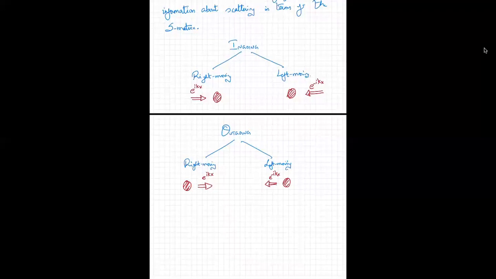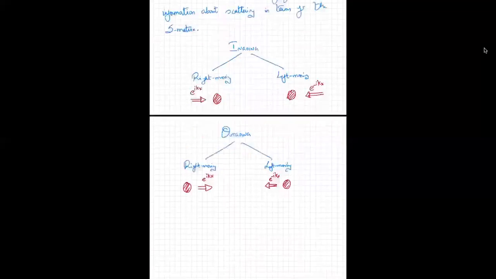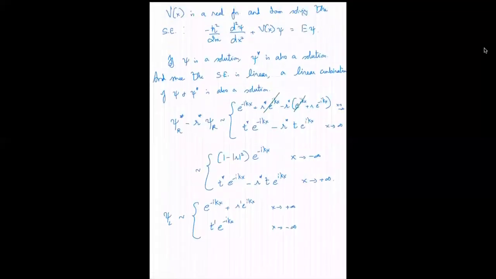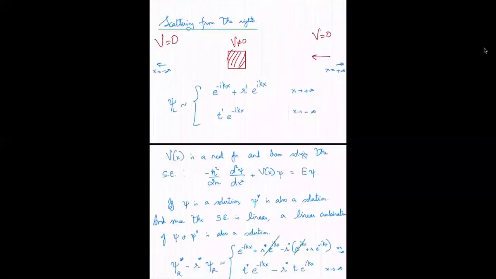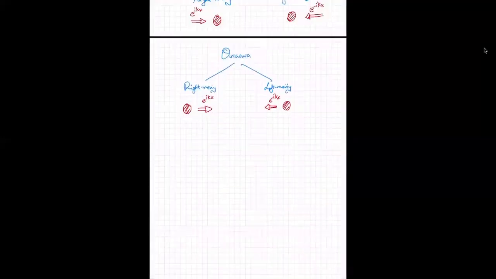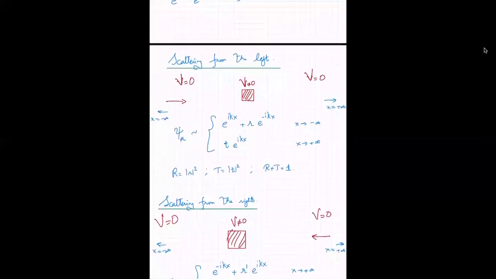Now, in terms of the ingoing and the outgoing waves, I can define a column matrix and I can package all this information, these two asymptotic forms of the wave function, psi r and psi l, in terms of one matrix equation. The way I will do it is as follows. So to do this, I will again write psi r and psi l, because it's easier for me to see what's going on.